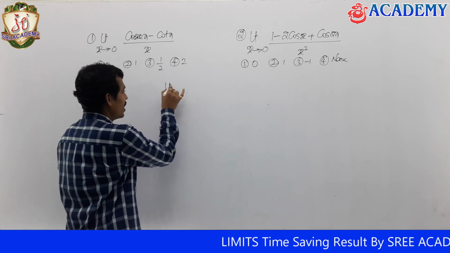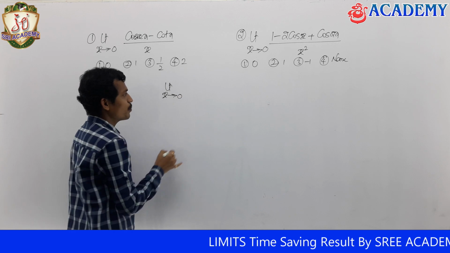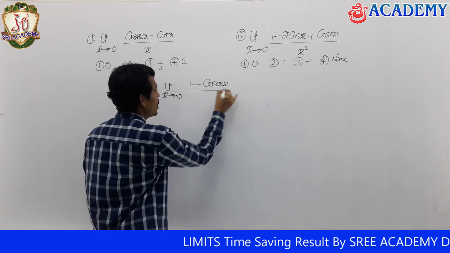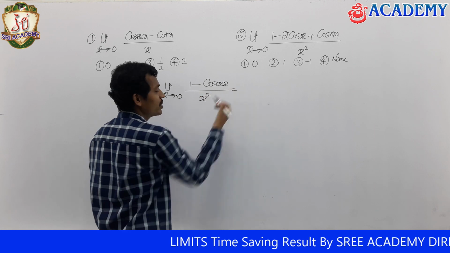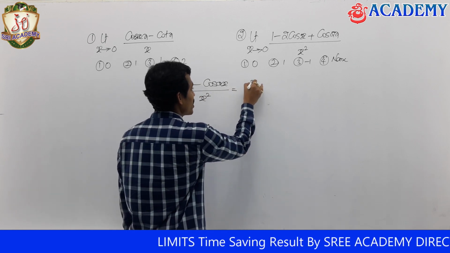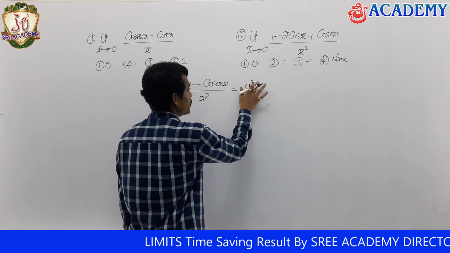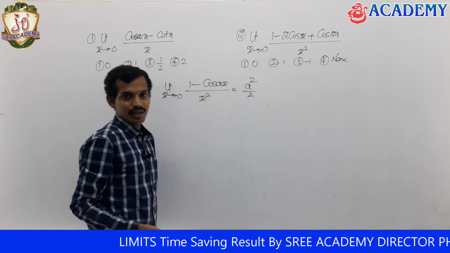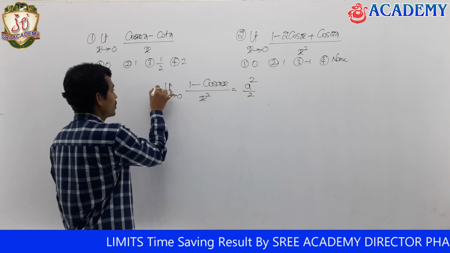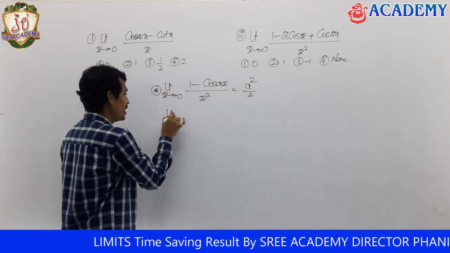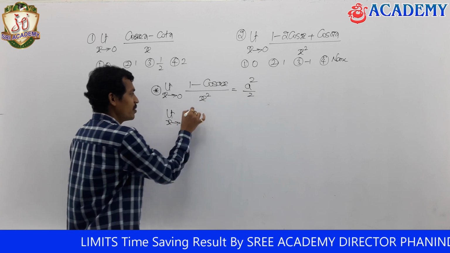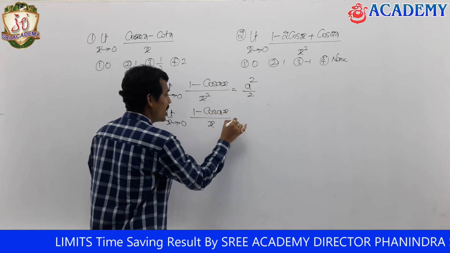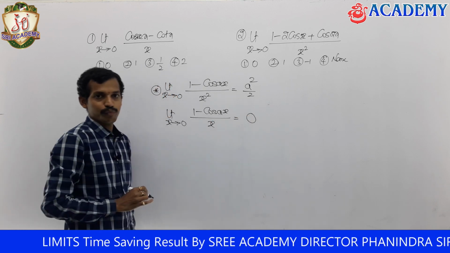Whenever limit x tends to 0 of (1 minus cos ax) divided by x square is there, we are going to have the answer a square by 2. Suppose limit x tends to 0 of (1 minus cos ax) divided by x is there, the answer is going to be simply 0.